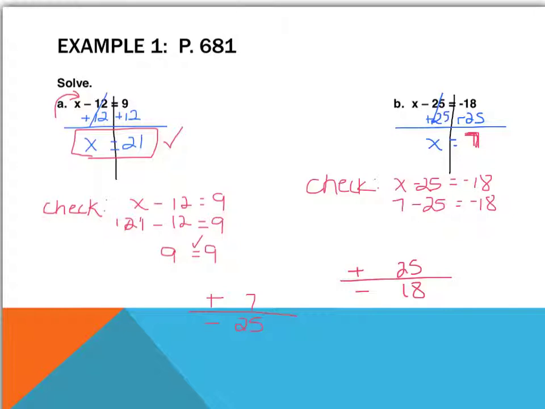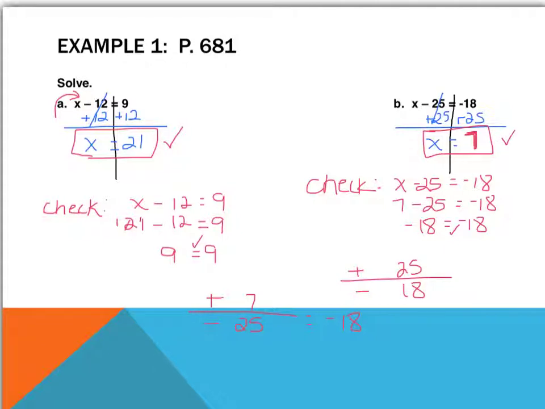If I want to purchase something that's $25, I either put it on credit and owe money, or borrow from somebody and owe them money. So how much do I owe? I owe $18. So negative 18 equals negative 18, which means that x equals 7 was the correct solution.